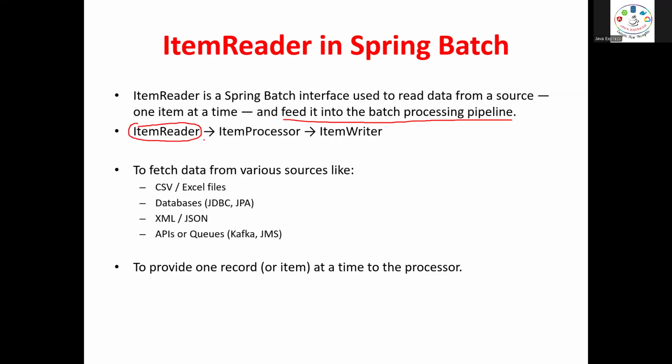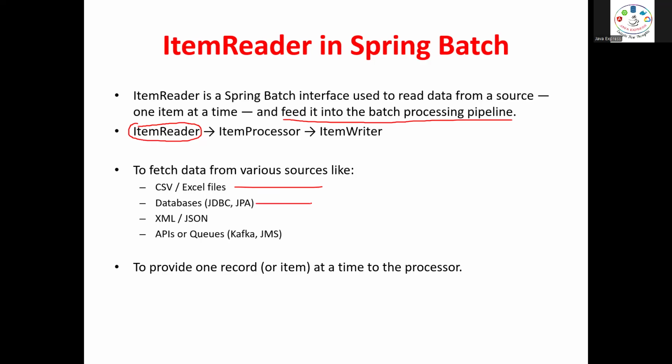In terms of files, this is for file reading, and you can read the data from a database by using JDBC or JPA, and you can read the data from XML or JSON also, and you can read the data from APIs or from queues in a Kafka system.